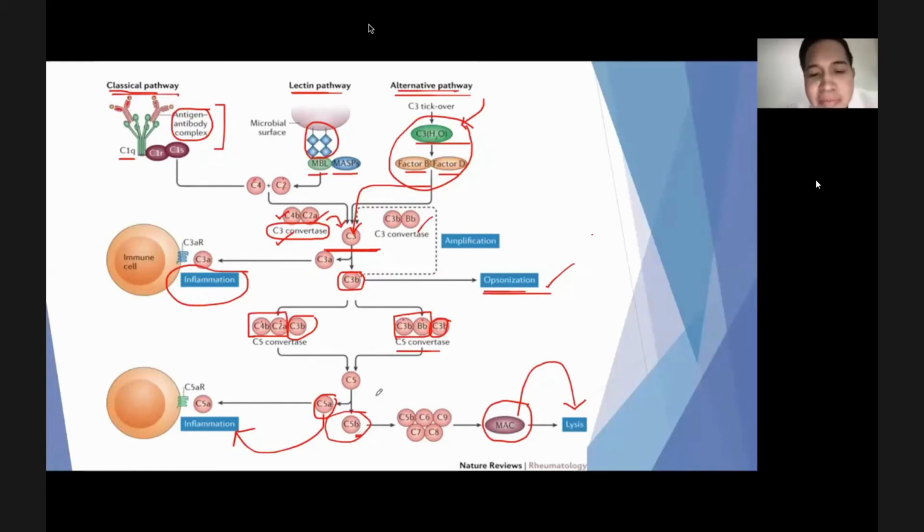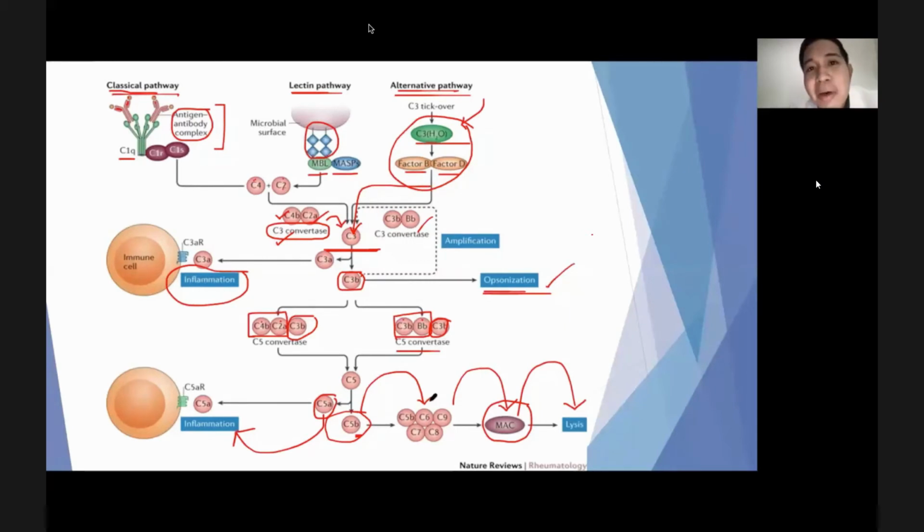So si bida-bida, C5B naman po, will combine with complement C6 to C9 for it to become your membrane attack complex. Okay? So C5B, bida-bida siya, will be the one combining with complement 6 to complement 9 so that they will become your membrane attack complex. And the membrane attack complex now will yield to the lysis or destruction of the bacteria.